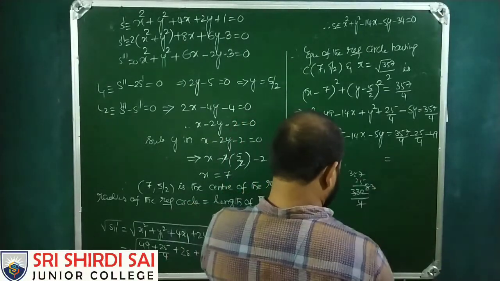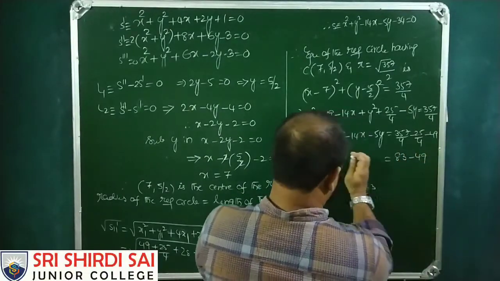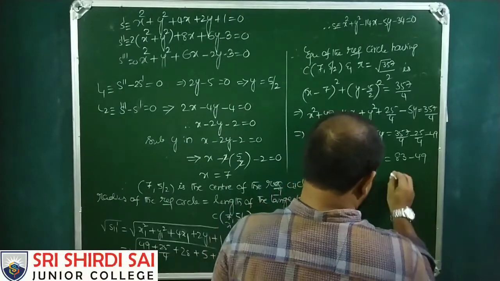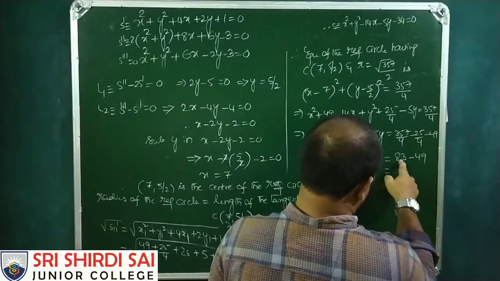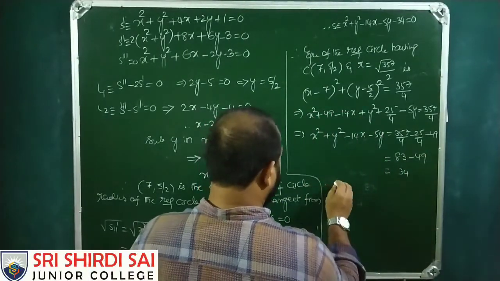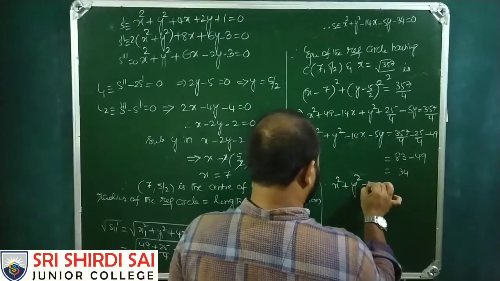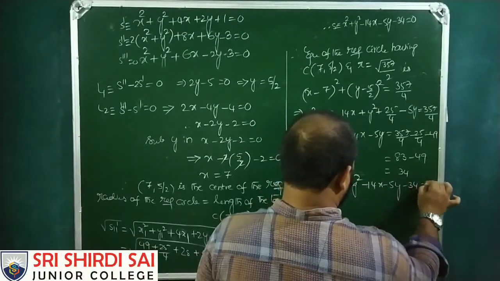So this is 83 minus 49, equals to 34. Therefore, x square plus y square minus 14x minus 5y minus 34 equals to 0.